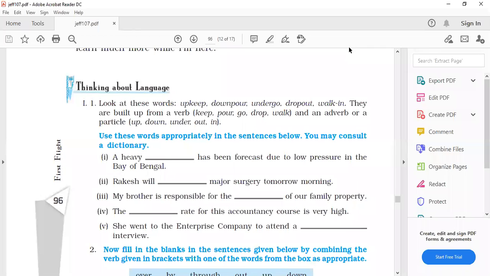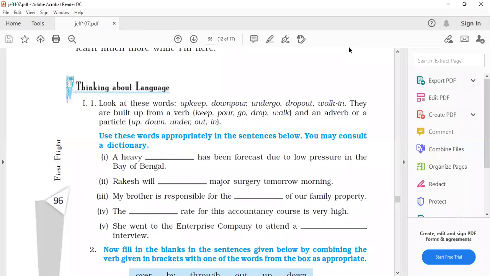Look at these words: upkeep, downpour, undergo, dropout, walk-in. They are built up from a verb: keep, pour, go, drop, walk, and an adverb or a particle: up, down, under, out, or in. Use these words appropriately in the sentences below.